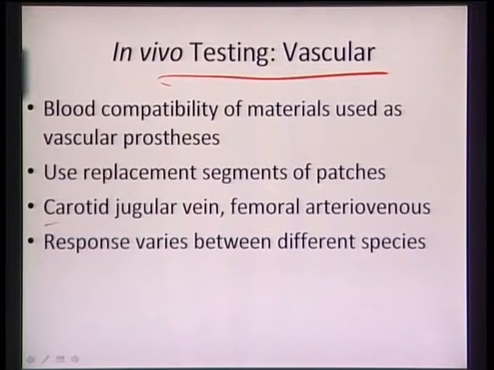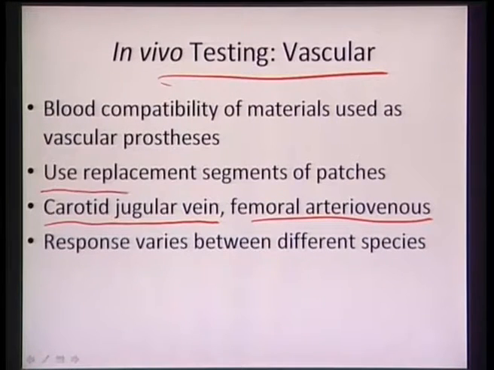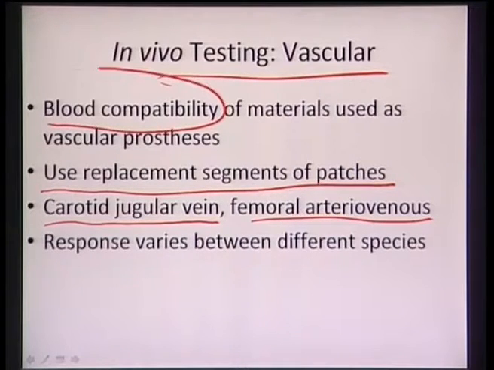Now, you know that you can put this implant as a carotid or jugular vein or in some other replacement segments or patches, and for this kind of materials, it is not the thickness of the fibrous tissue that is formed that is the indication of the in vivo biocompatibility. Instead, it is whether the material has good blood compatibility in vivo.